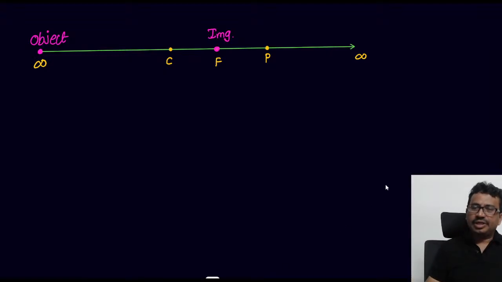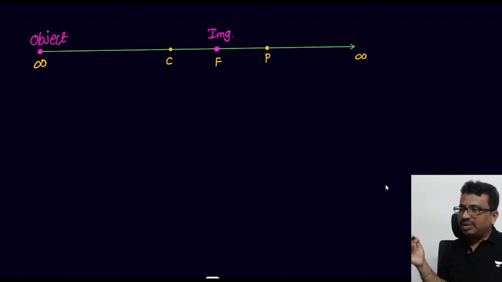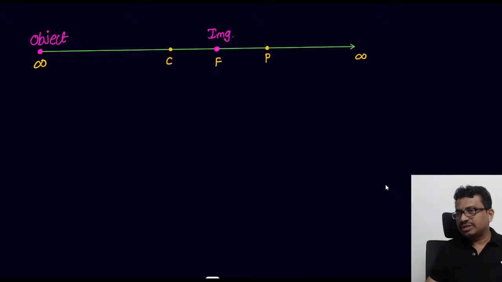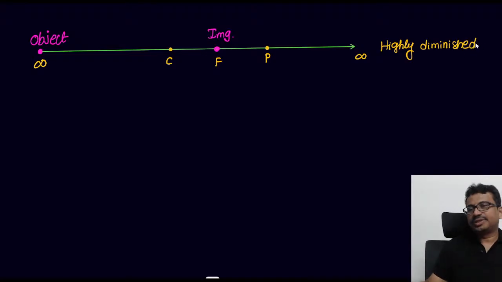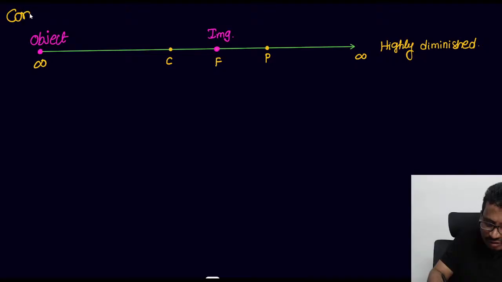Yes, since the object is at a very long distance, a diminished image will form. The size of this image is what, tell me, diminished. So we can say this is highly diminished. We are talking about the concave mirror first of all.